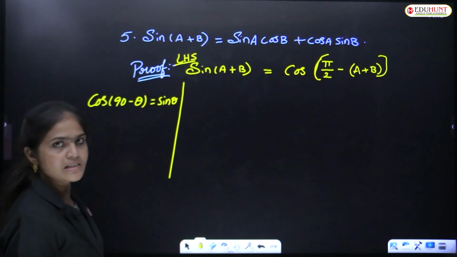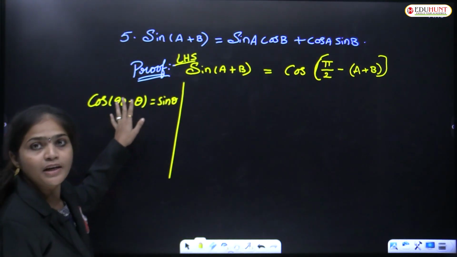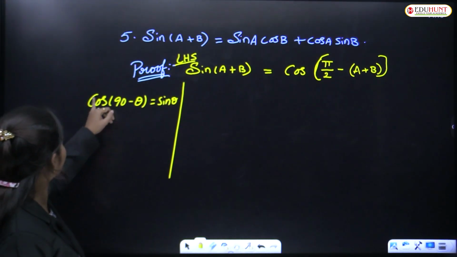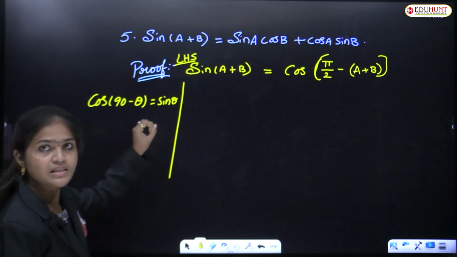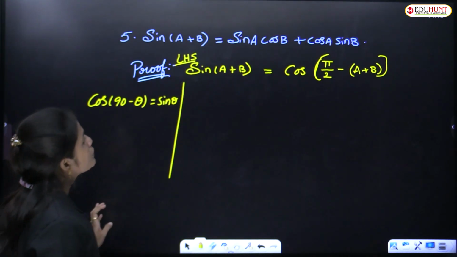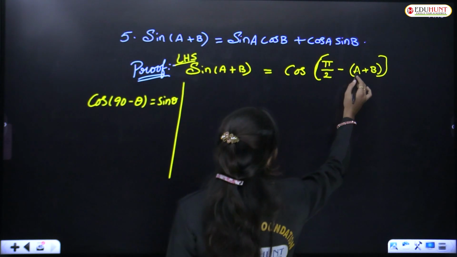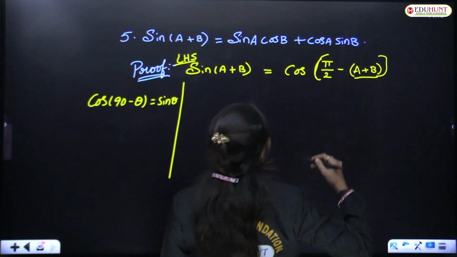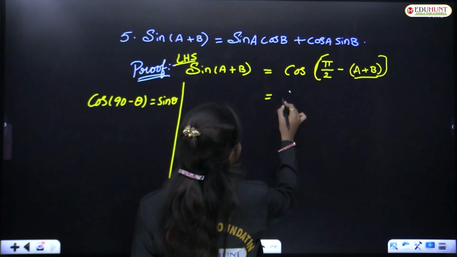We know these conditions, right? Cos 90 minus theta. Here, if 90 minus theta or 270 minus theta is there, it means the trigonometric ratio will be changed. Okay, if 180 or 360 is there, it means the trigonometric ratio will not be changed. It remains the same. So here, now this is in the form of cos of pi by 2 minus A plus B. So at a time here we have that A plus B. Okay, so that's why here just separate the terms.